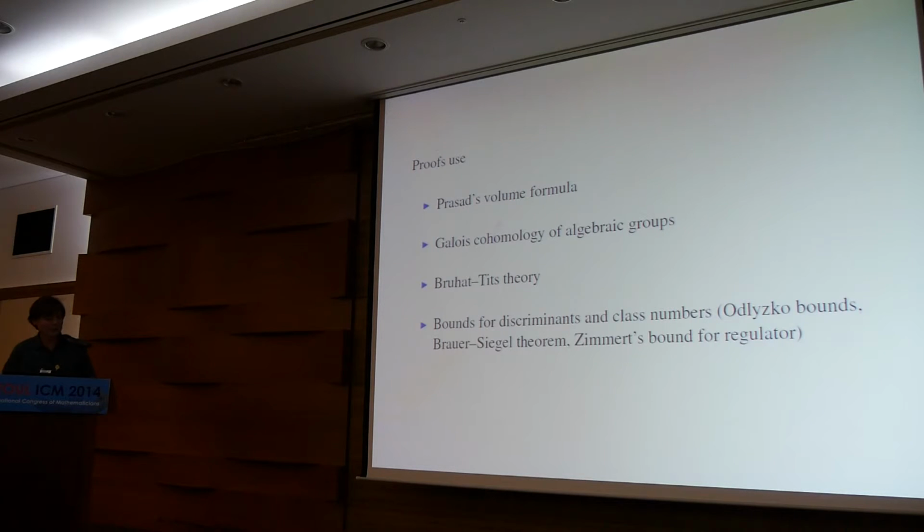Before telling more about the formulas, let me just say a few words about the proof. The key element of the proof is, as I said, Prasad's volume formula. And then there are some tools from algebraic groups theory, mainly Bruhat-Tits theory, to control the local structure, and Galois cohomology, which is used at least 2 times.